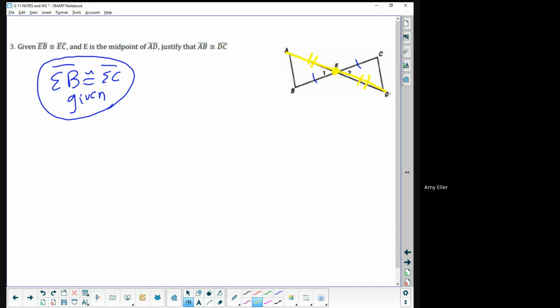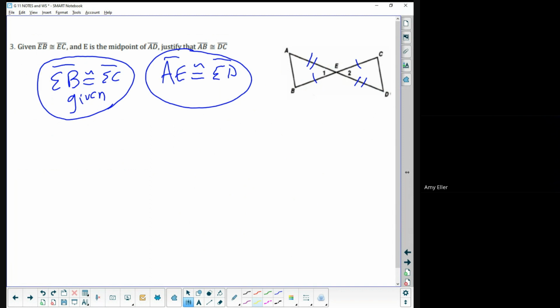Good. So I'm going to mark it with a different color. That if E is the middle, then AE is the same as ED. Can I write given?